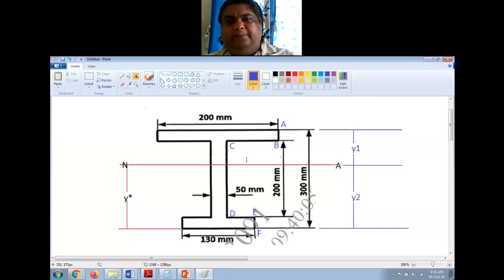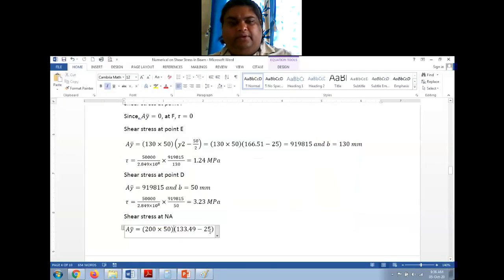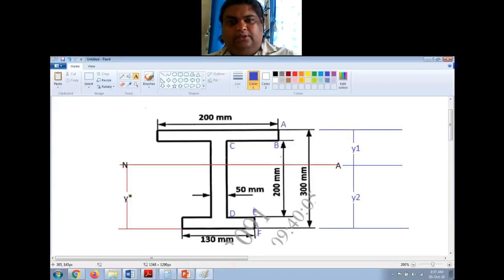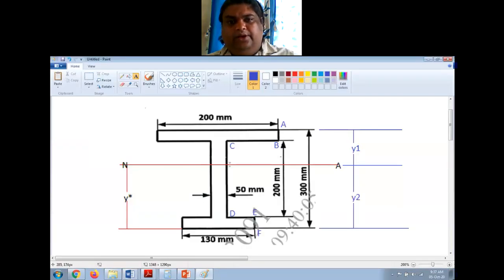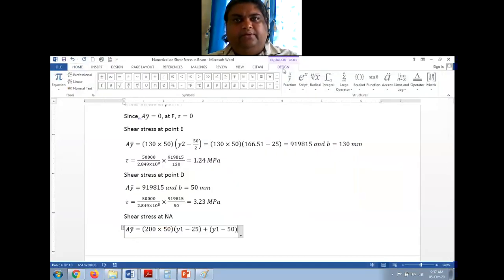Now this height is y1 minus 50, right? Or I will put it like this and put this as y1 plus this height is y1 minus 50 into 50, right?